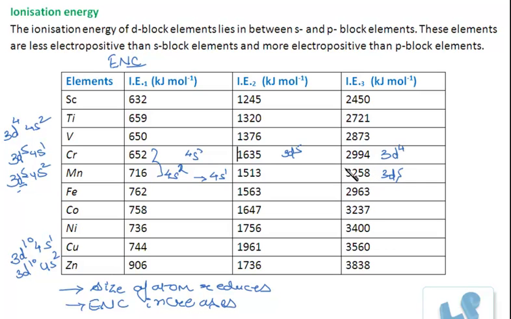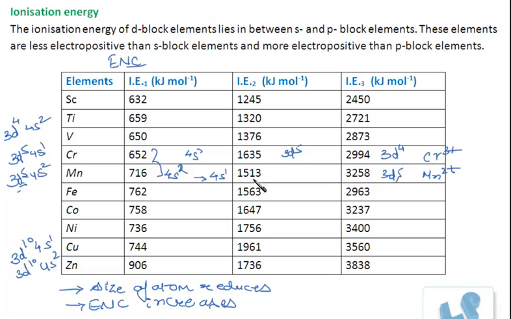So students, this fact can be used for answering a few questions, like why Cr3+ is stable whereas Mn2+ is more stable. It can be used for the study of the reduction potentials, right?